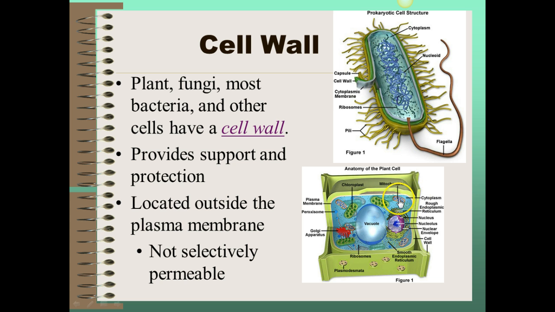The cytoplasm is your jelly that holds everything in place. Your cell wall gives it support. Your nuclear envelope or membrane is going to be around the nucleus. The nucleolus is going to be inside the whole container of the nucleus, and then your Golgi apparatus, your post office of the cell, looks like stacks of pancakes, and those package and move things out.